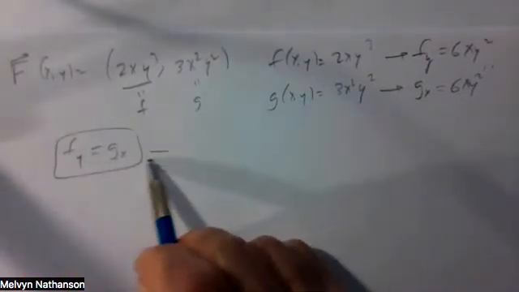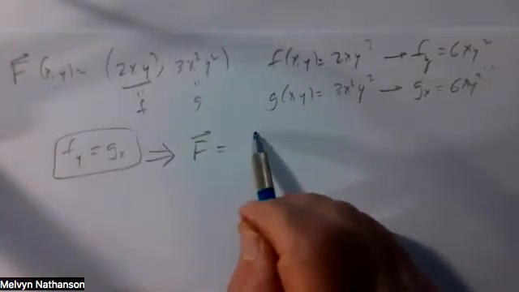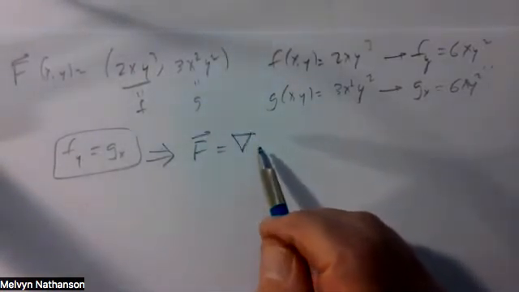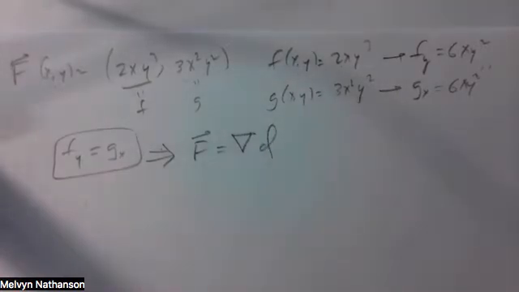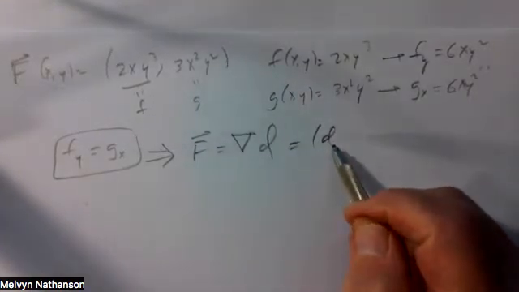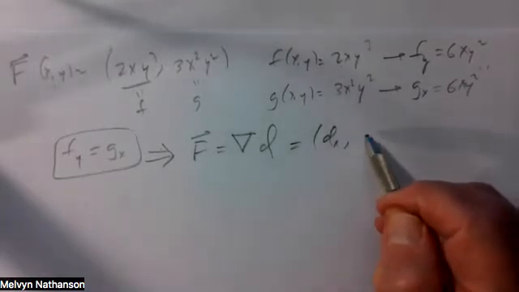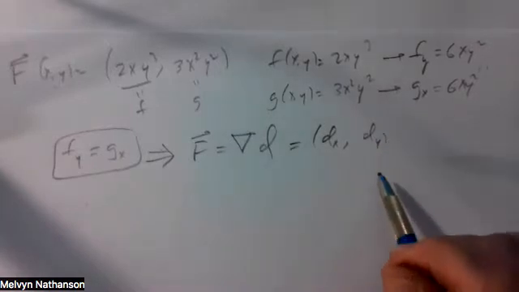And I claim that this condition is sufficient to prove that F is the gradient of some scalar field phi. So this is going to be the partial derivative of phi with respect to x, comma, partial derivative of phi with respect to y.